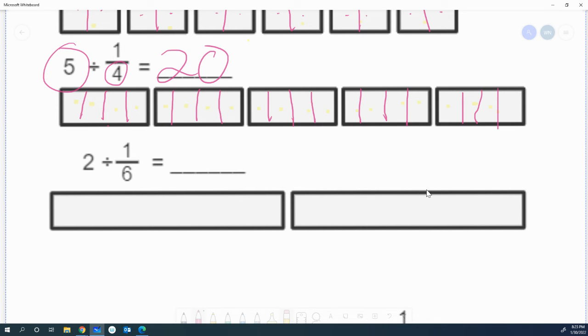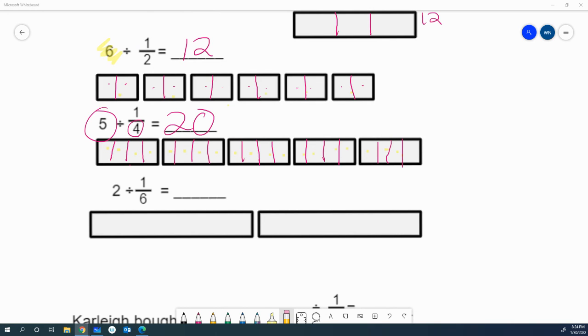We've got 2 divided by 1/6. Go ahead and see how you can work this out. All right, for this one, you should have divided each of these 2 bars into 6 pieces.